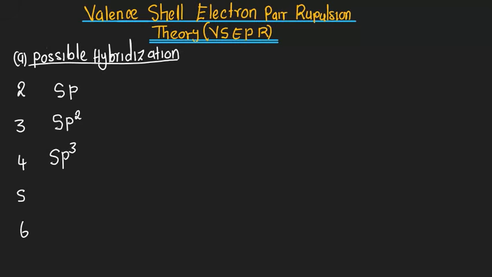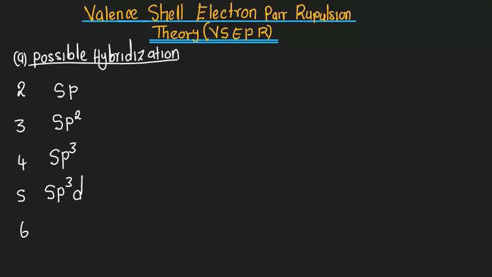When you reach the third, that is the end of the P's, and you're supposed to introduce a D. So on the fifth one, you're going to have SP3 but you introduce a D, SP3D. See how simple it is?